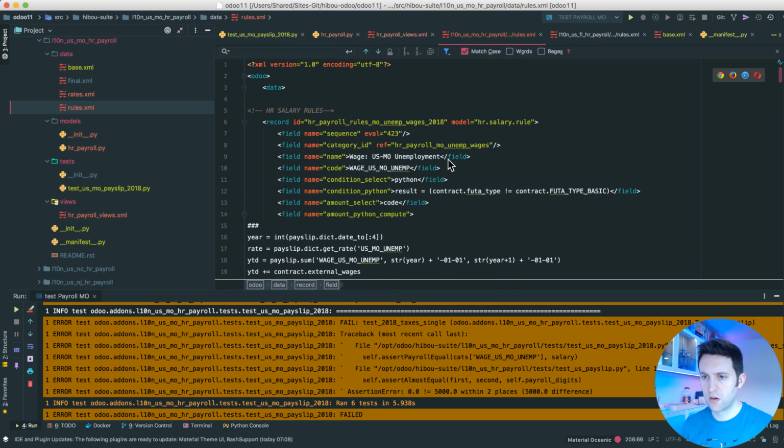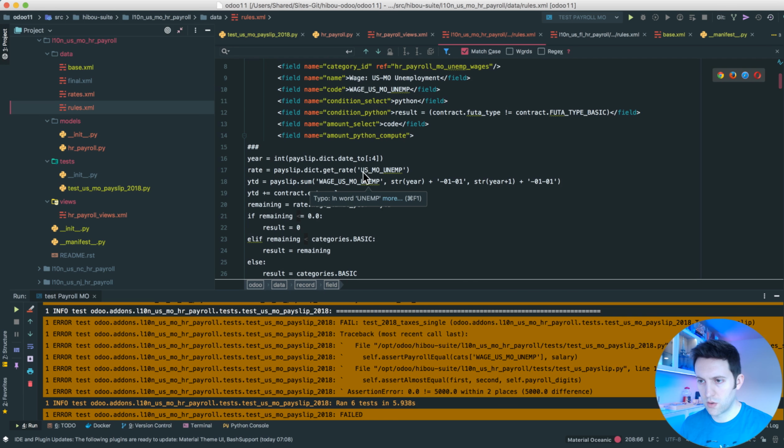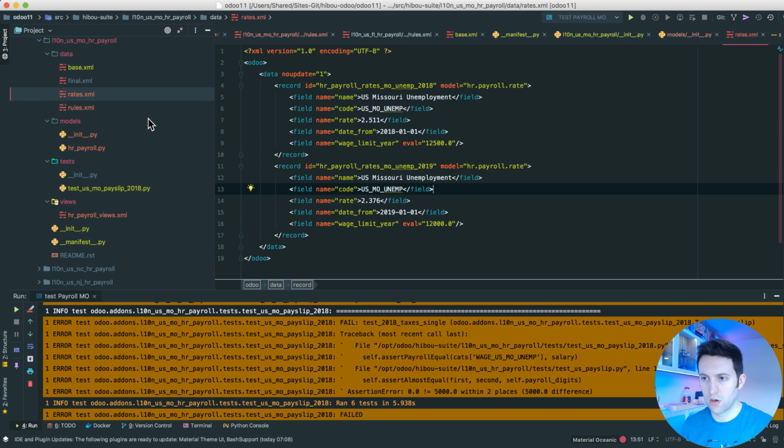Okay, so let's go and look at this one right here. We're getting our rate for USMO unemployment. Let's go look at our rates though. Or rather, let's include our rates because we haven't yet.